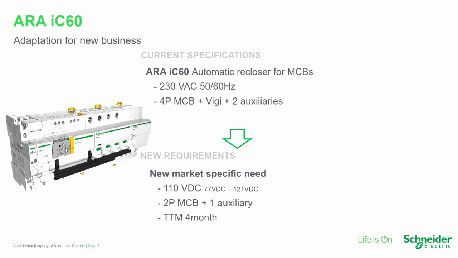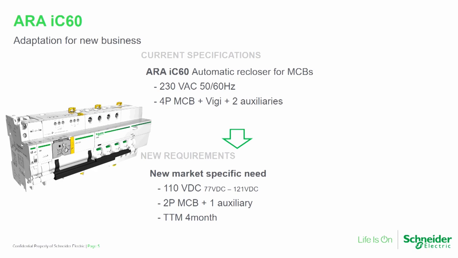Now, at the end of last year, our Chinese marketing team came to us saying, hey guys, we have this big business opportunity, but to address it, we need remote control MCBs. So we were thinking about the ARA to address this need. So yeah, okay, it's a good idea. I mean, it's a good product.